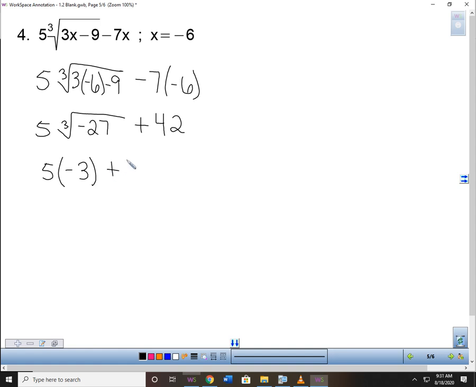So we can replace that. 5 times -3 is -15. And -15 plus 42, 27.